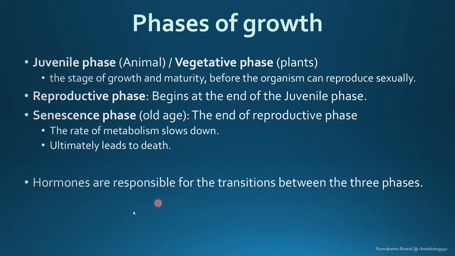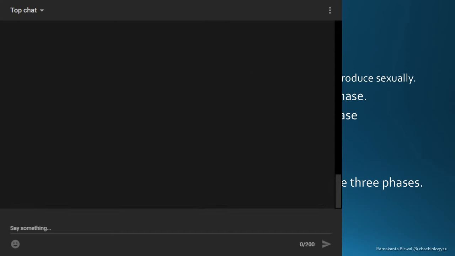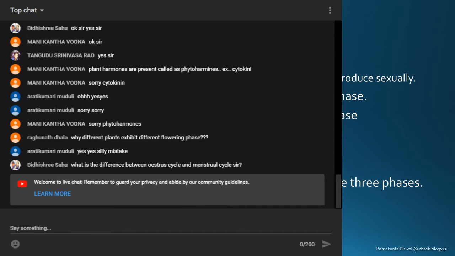So Vidisri, what is the difference between oestrus and menstrual cycle? Now we'll be talking about the difference in oestrus cycle, menstrual cycle tomorrow in the next session. There are a few more concepts that we'll be talking about tomorrow itself, and at that time we're going to talk about that.